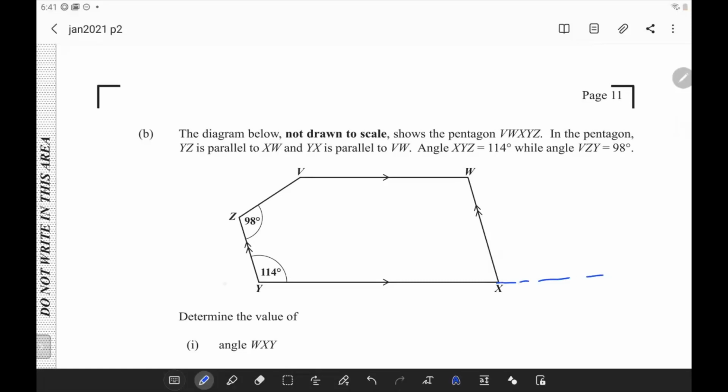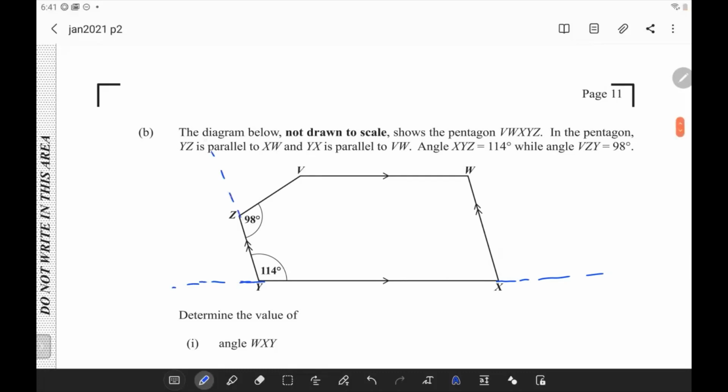So before we take a look at the question, let us do some work so we can extend these lines a little. We can extend this one a little bit more, and we can extend this way. But we may do something different for V and Z, as we will see just now.